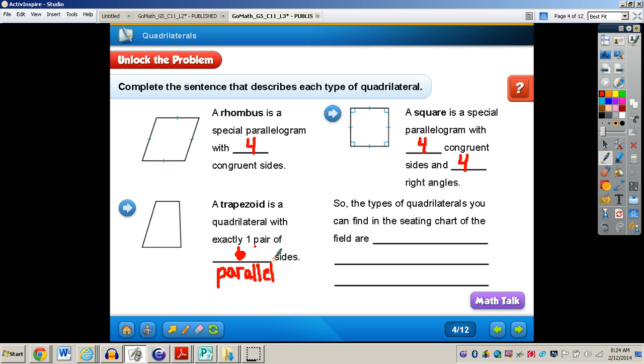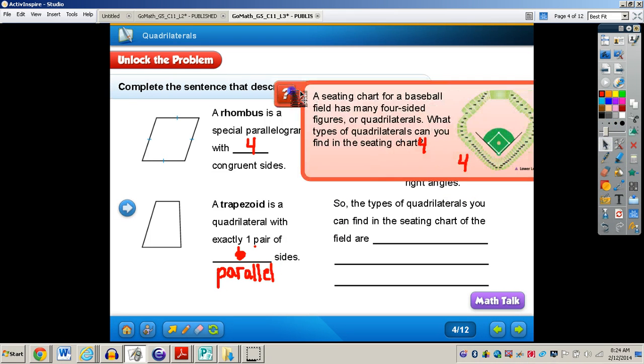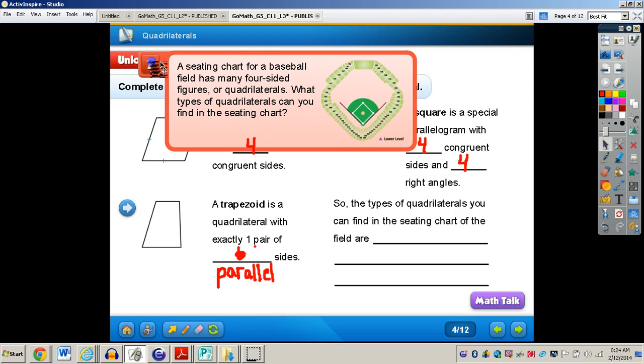Okay, so we can take a look at all of this and we can answer this question. The types of quadrilaterals you can find in the seating chart of the field are, let's take a look at this question here again. We can see a lot of different types of quadrilaterals. We can see parallelograms, rectangles, a rhombus, a square, and a trapezoid. We can see all different types of quadrilaterals in this seating chart.